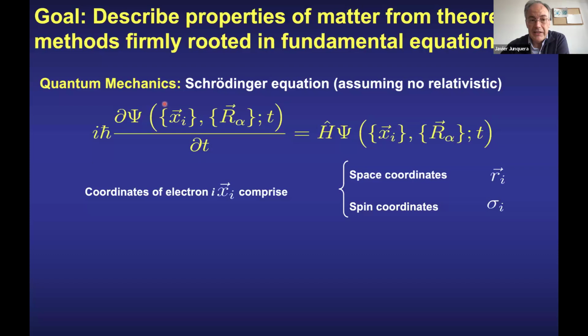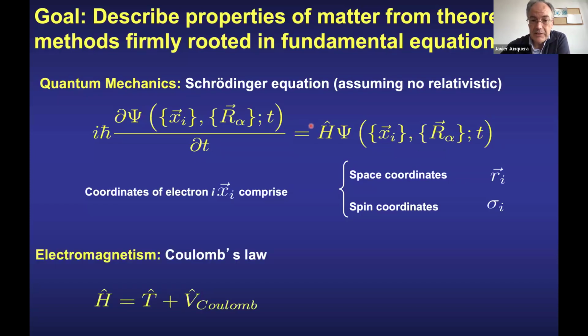Here we have a basic ingredient, psi, the wave function, that in principle depends on all the coordinates of the electrons and all the coordinates of the nuclei, and it may also depend on time. And then we have this other object here, the Hamiltonian operator, an operator related with the energy of the system.